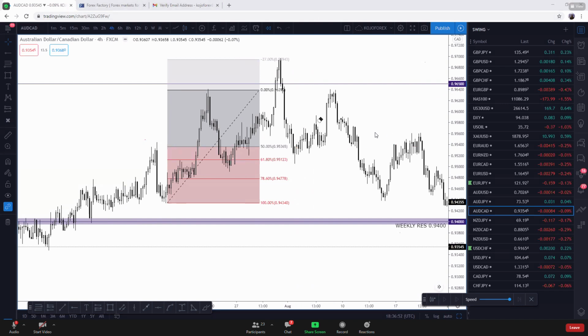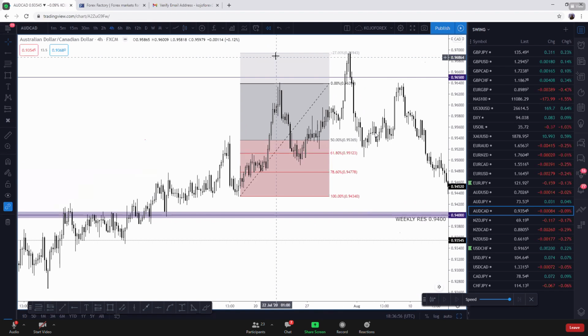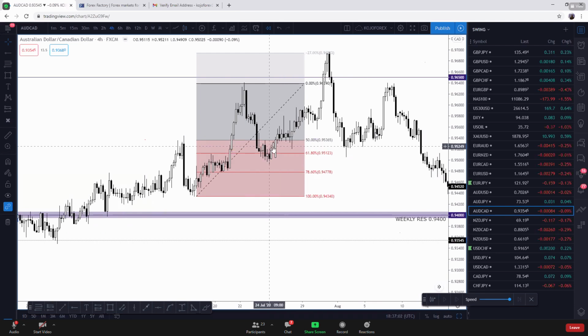How do you observe price action? Here we totally broke through the 50% with a strong candle. So outrightly you can see that the 50% level didn't even try holding as a retracement level, right? And then subsequently we were trading a little bit beneath the 50 and the 61.8, broke through that 61.8, and now we're stuck in between the 61.8 and the 78.6.